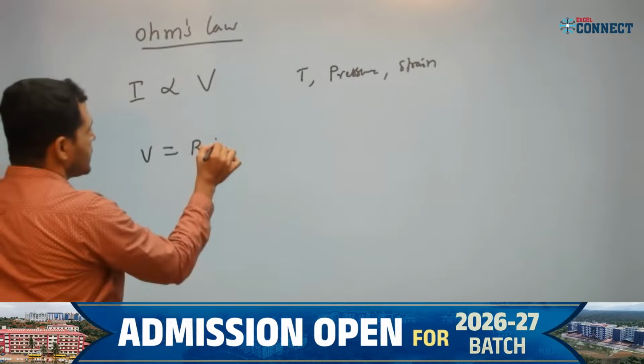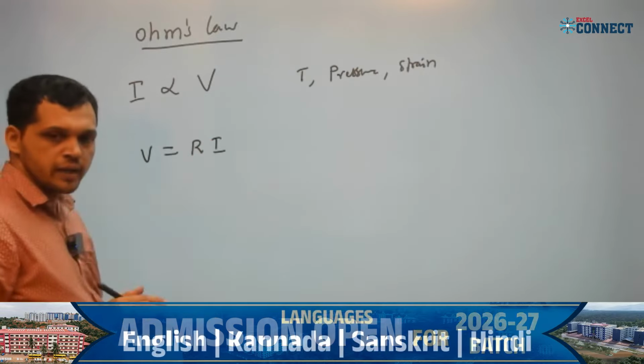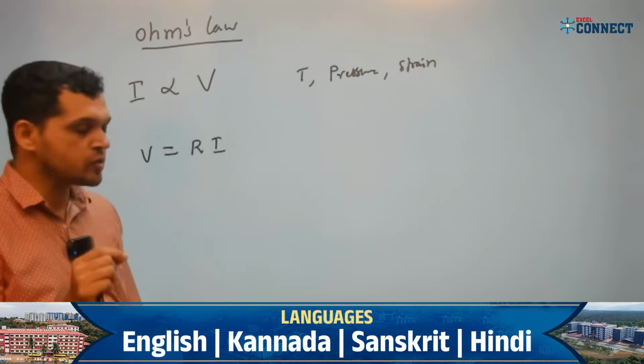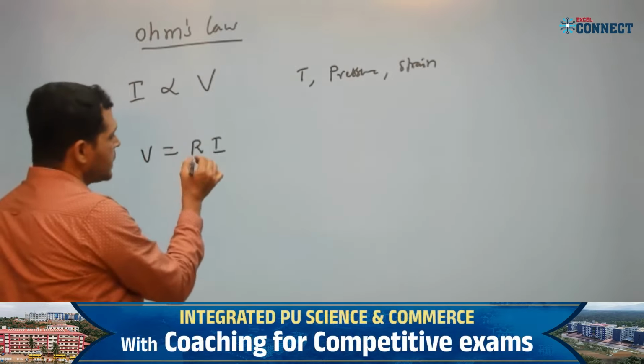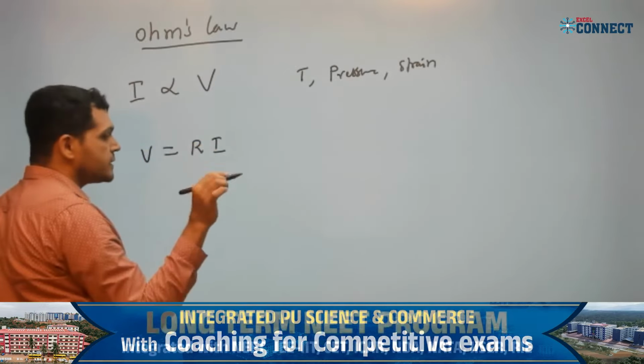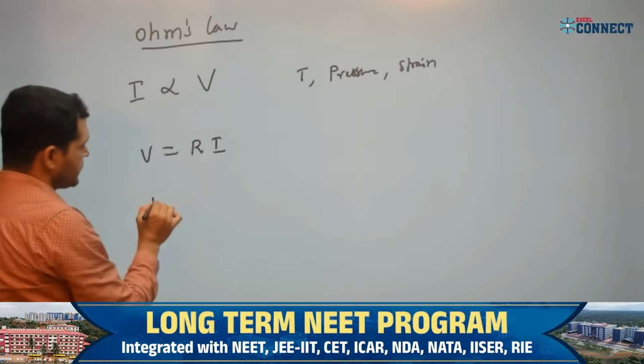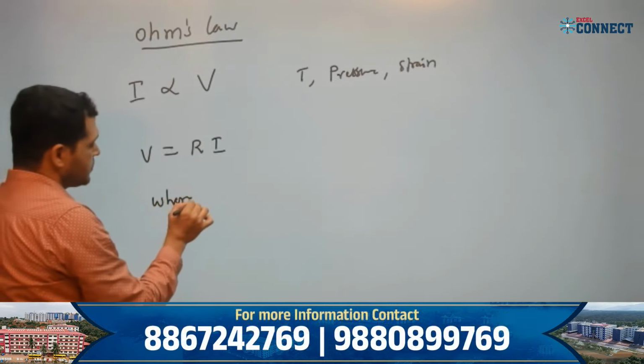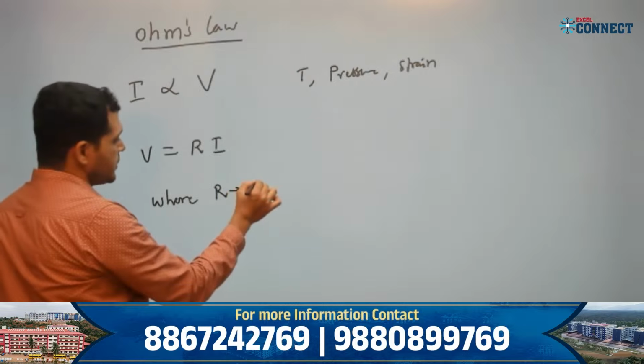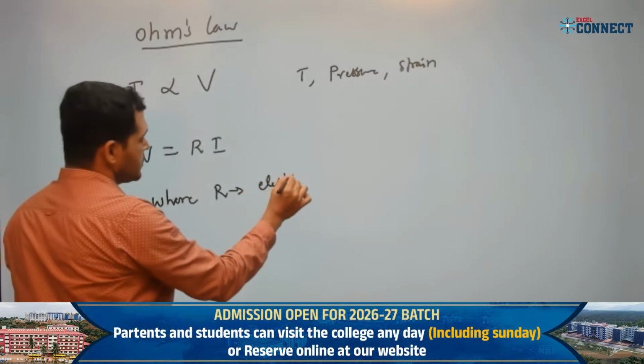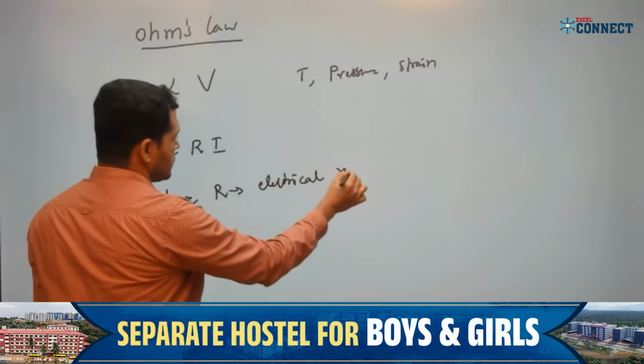With a constant of proportionality, we can write V is equal to R into I, where R is a constant for a given conductor, and this constant is called the electrical resistance.